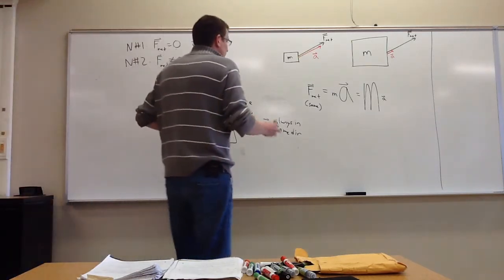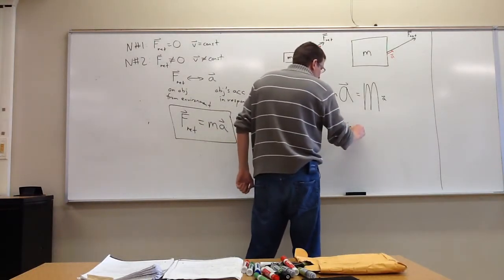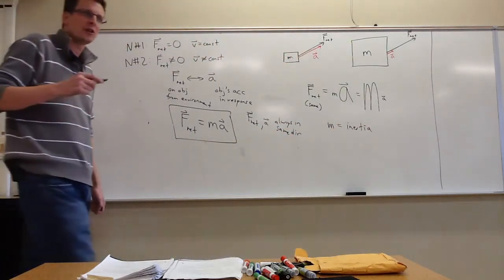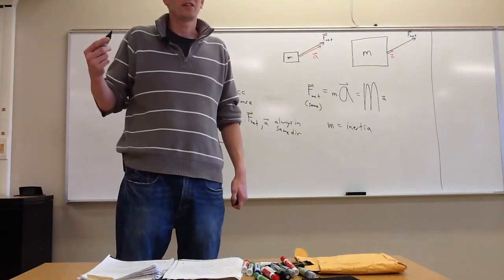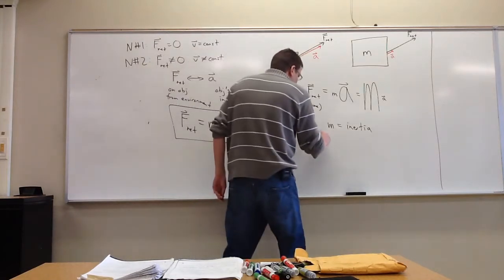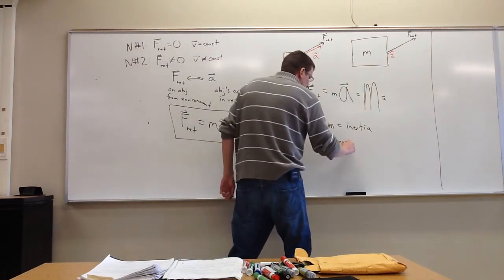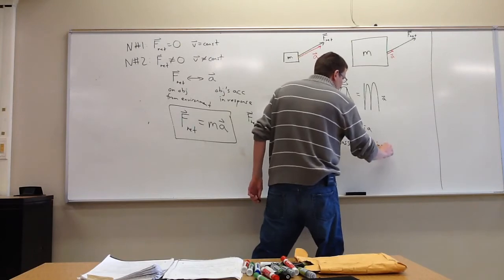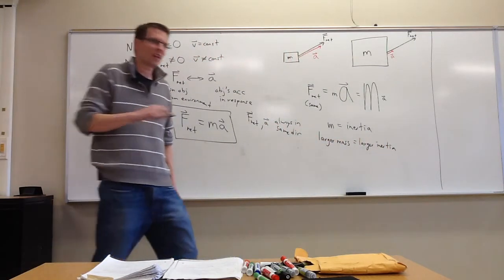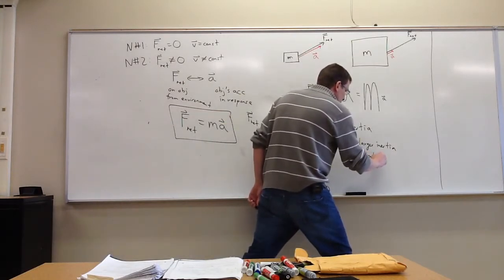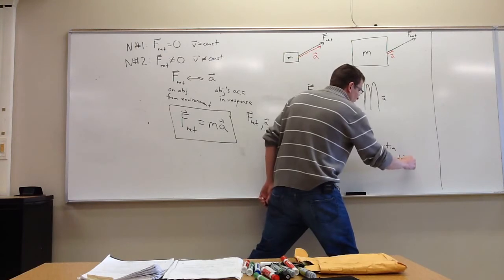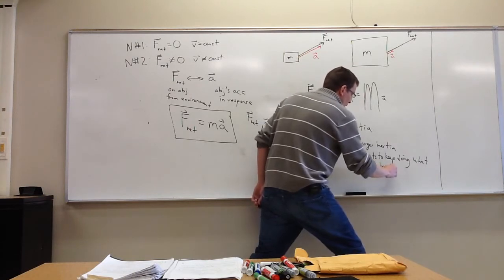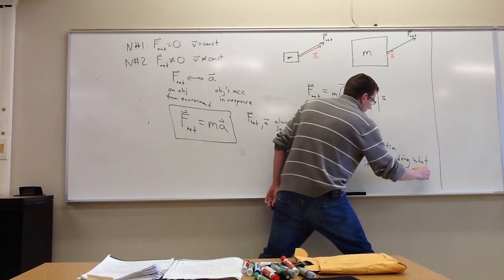Okay. In fact, mass is a measure of inertia. So we talked about that inertia is this idea that objects like to keep doing what they're already doing, right? Well, a larger mass indicates a larger inertia. Which is to say that it wants to keep doing what it's already doing more, right?